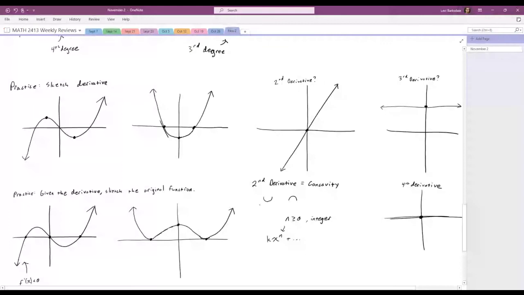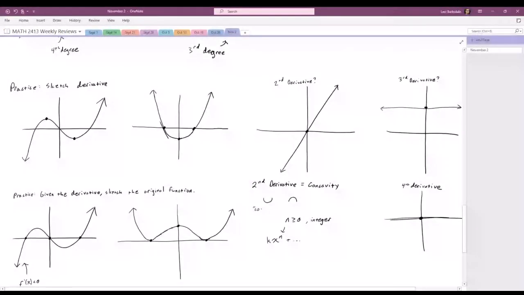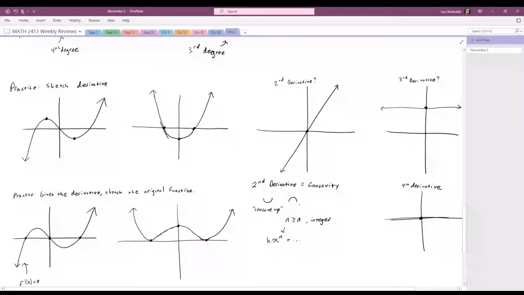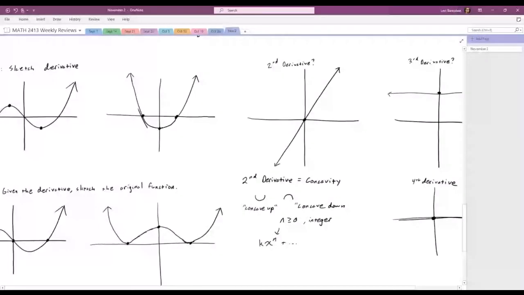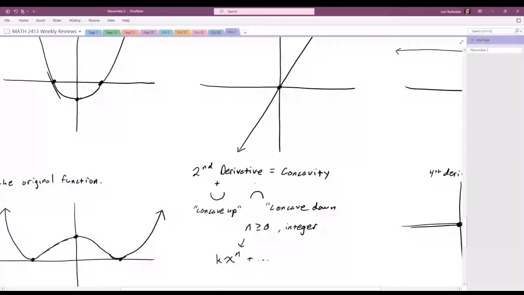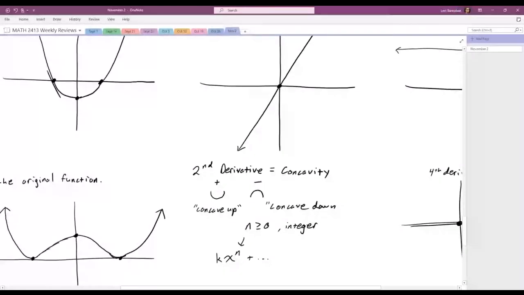So if it's shaped like a bowl, we call this concave up. And if it's shaped more like a hill, we call it concave down. So specifically, when our second derivative is positive, our original function is concave up. And when our second derivative is negative, our original function is concave down.